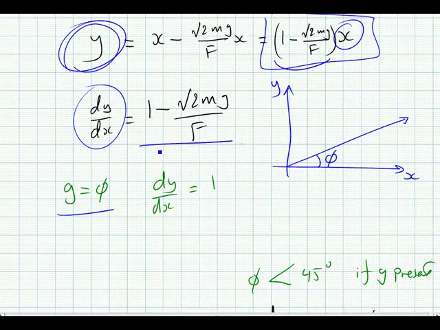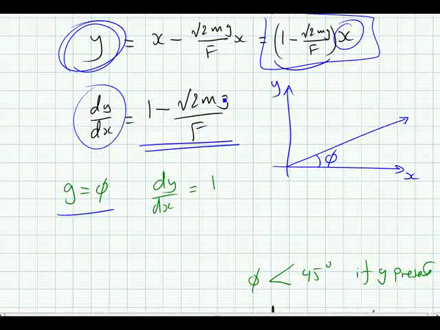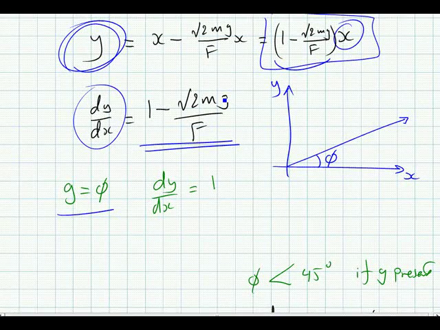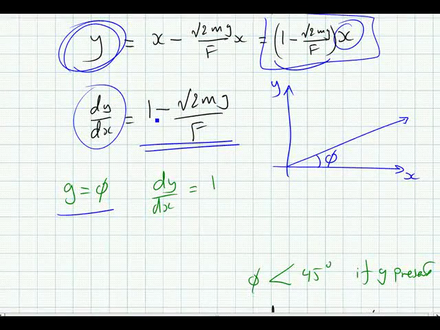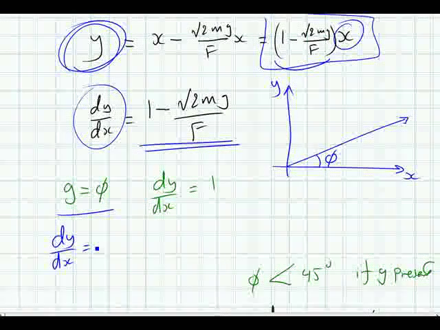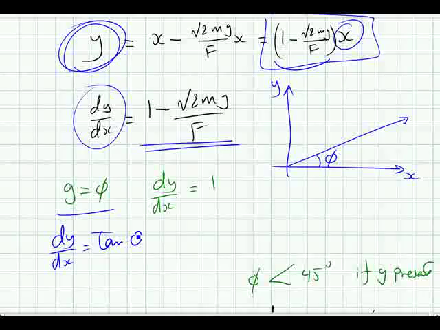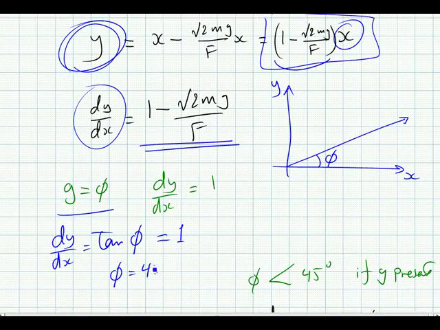So in this expression, if there is no gravity, if you're out in mid-space, if gravity is 0, then dy/dx becomes 1, and remember dy/dx is equal to tan of the direction in which the object is moving, and if this whole thing is equal to 1, that means that phi is equal to 45 degrees.